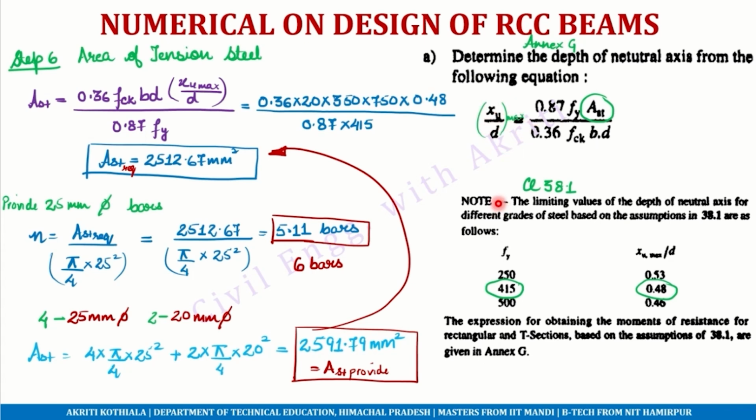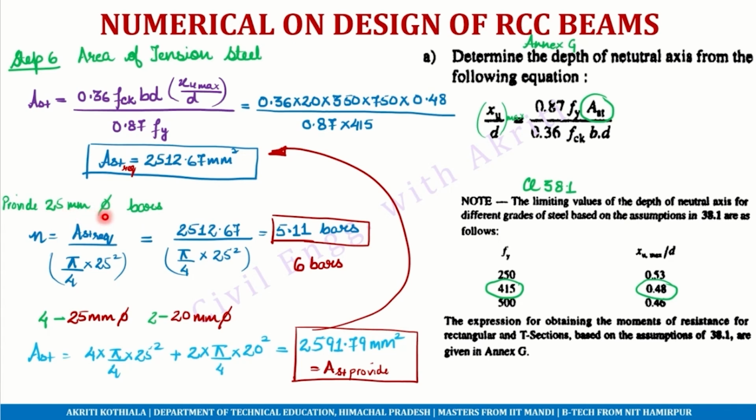And xu max by d can be calculated from clause 38.1 for Fe415, which will be equal to 0.48. So substituting these values, we obtain a required area of tension steel equal to 2512.67 millimeter square.